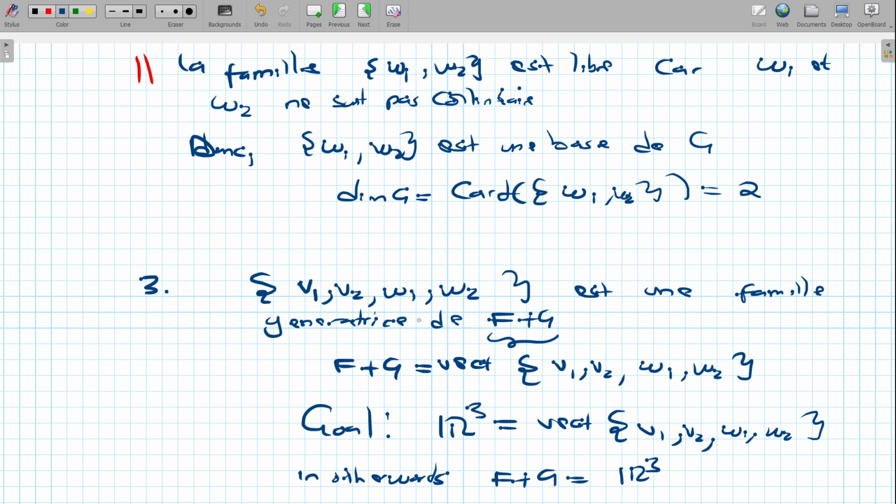Normalement, this is what you're supposed to get. So if I take the union of the two bases found for F and for G, I'm going to get une famille génératrice de F plus G.